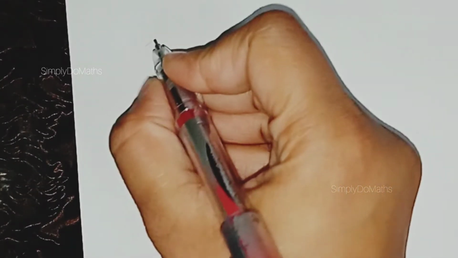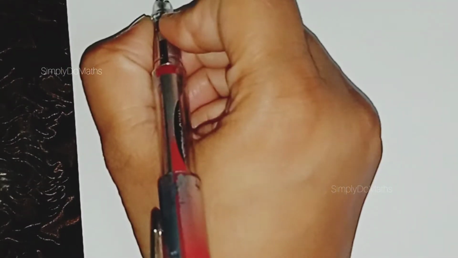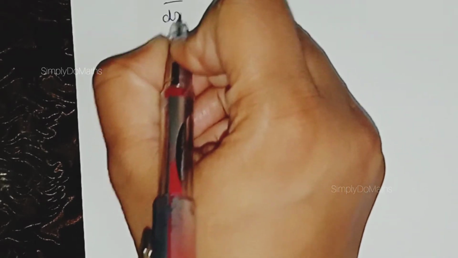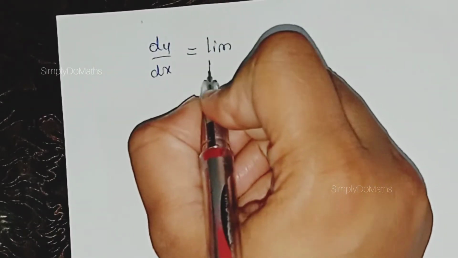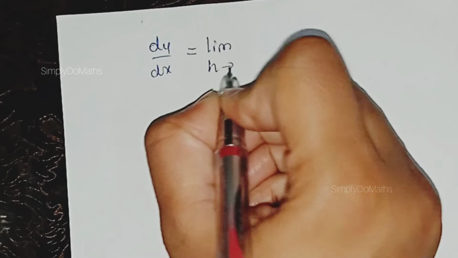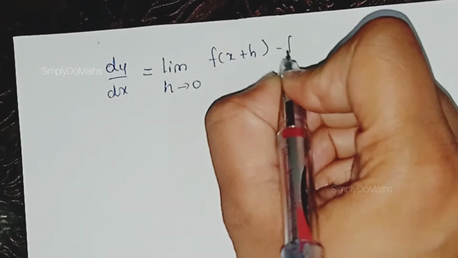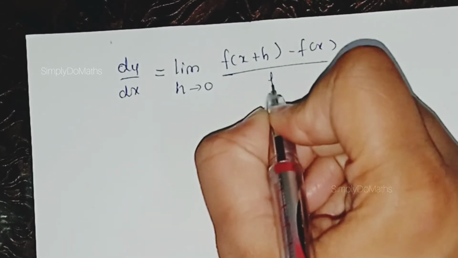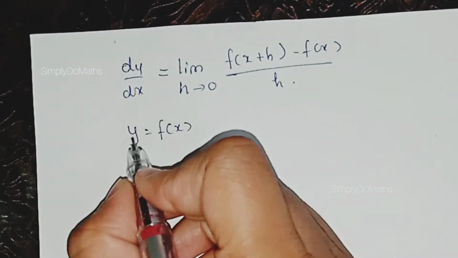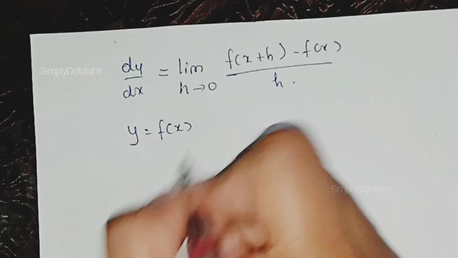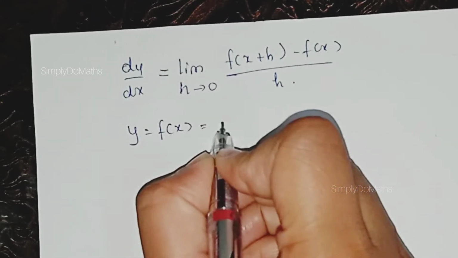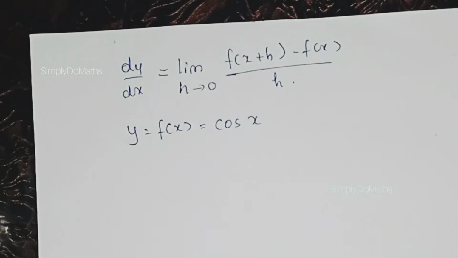According to the first principle method, dy by dx is nothing but the limit as h tending to 0 of f of x plus h minus f of x divided by h. We have y equal to f of x, a continuous function. Now let us find the derivative of cos x.